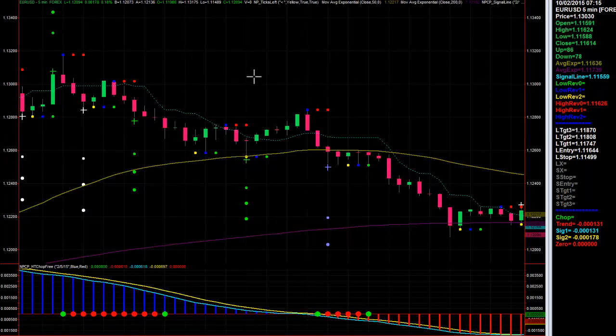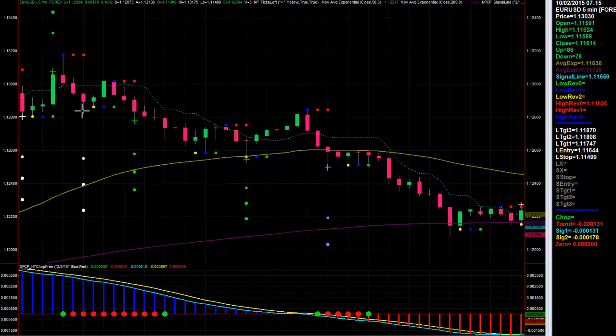All right, let's look at another example. So there are some exceptions to the rule. Notice here we're in the chop zone and we're above the 50 EMA, and of course the rule is when you're above the 50 EMA you shouldn't take shorts against the 50 EMA. The one exception would be if you're so far above that you have a lot of room to get down to it, because we know that the price wants to work its way back down to the 50 EMA.